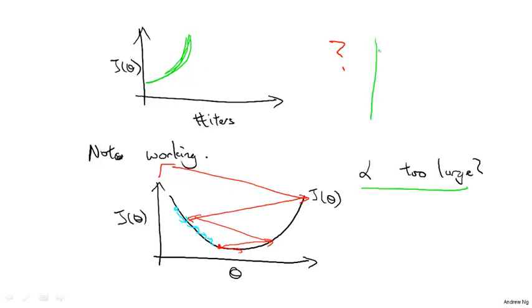If your learning rate is too large, depending on what problem you have, you get different phenomena for different models. You can also get J of theta going down for a while, then jumping back up, going down for a while, jumping back up, and so on. This could also be caused by a bug in the implementation, or by using a learning rate that's too large.